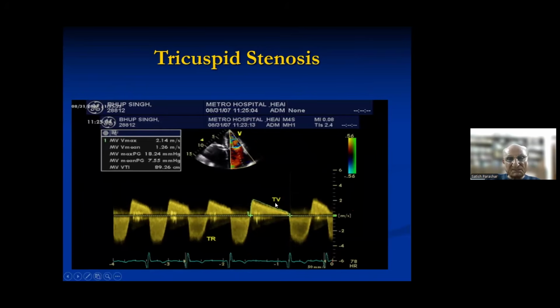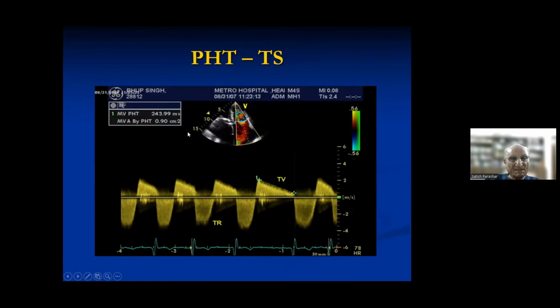You trace, and when you trace any valve, as I told you, you get a peak and mean. So here you see it was almost a very severe tricuspid stenosis, because the VTI is almost 18 or so. Peak is merely 7, and you see the area is hardly 0.90. So this is how we calculate a tricuspid valve.